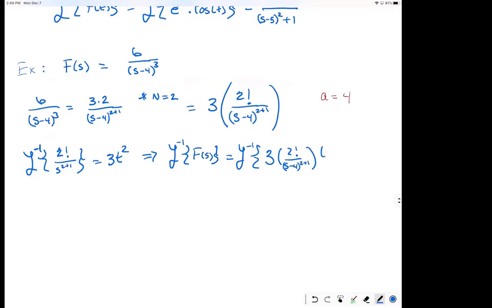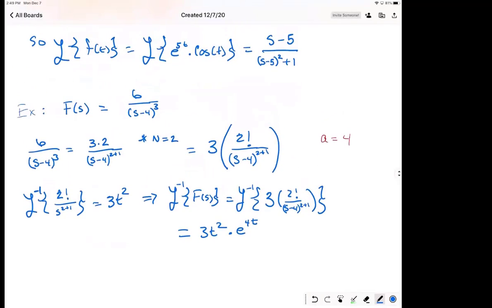I'm going to write it that way, emphasis, and then that's equal to this 3t squared. And that comes from here. And then I also have the multiplied by e to the at, which is 4t.